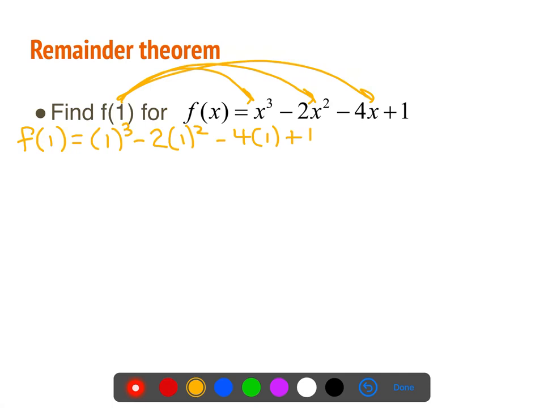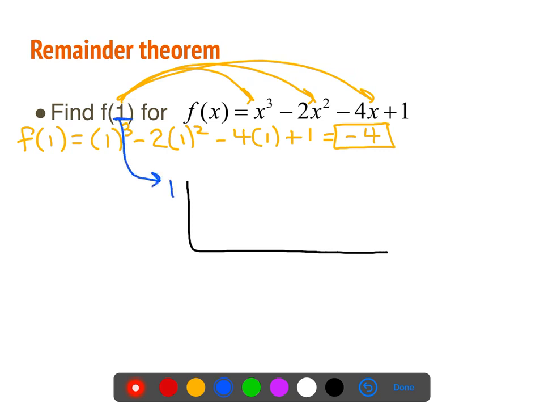So I'm going to say 1 cubed minus 2 times 1 squared minus 4 times 1 plus 1. That's 1 minus 2 is -1. -1 minus 4 is -5. -5 plus 1 is -4.